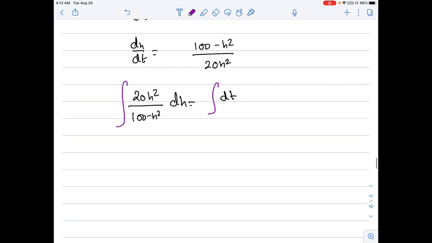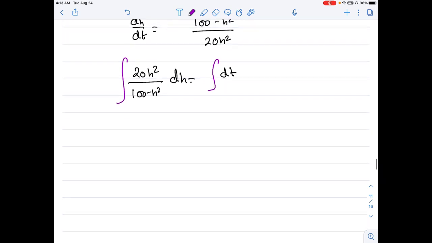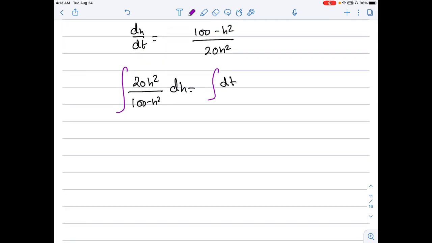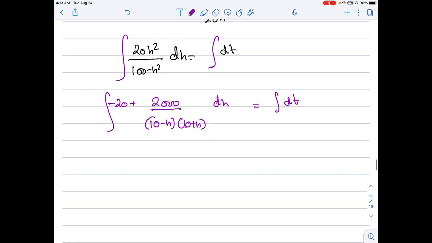In part 2, the partial fractions have just been given as integral of negative 20 plus 2000 divided by 10 minus h times 10 plus h, dh is equal to dt. Now for the integral, partial fractions have to be done for this one.